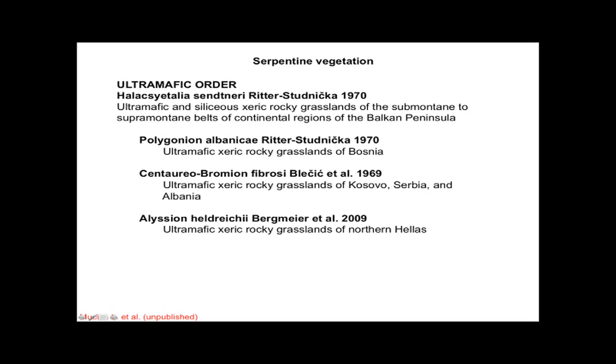If we search the phytosociological literature, we can see a lot of different vegetation types described for the vegetation in serpentine areas. One of the most famous vegetation types is that of the order Halacsyetalia sendtneri. It is named after the species Halacsya sendtneri, which is a paleoendemic.